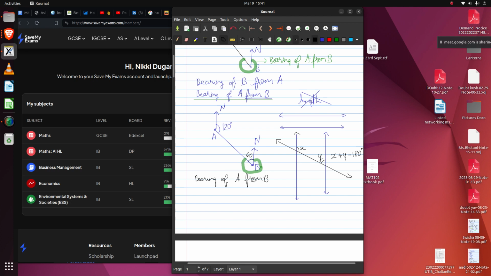Yeah. So what is this green angle if I want to measure it? So would it be 60? The entire green angle? 60? How? What is one full circle angle?